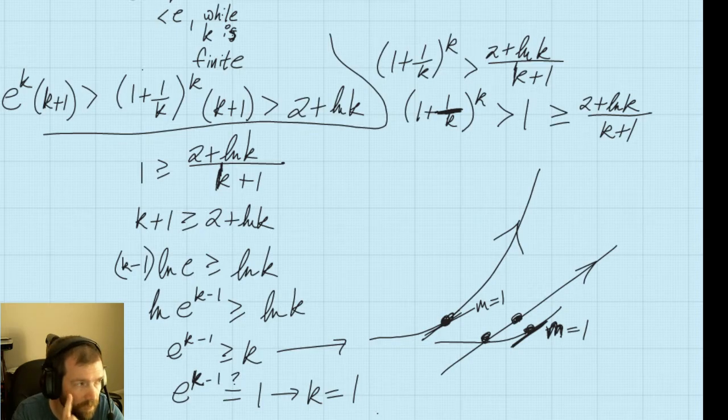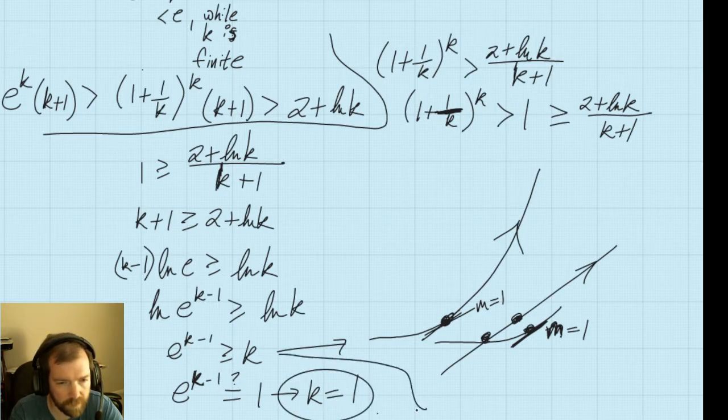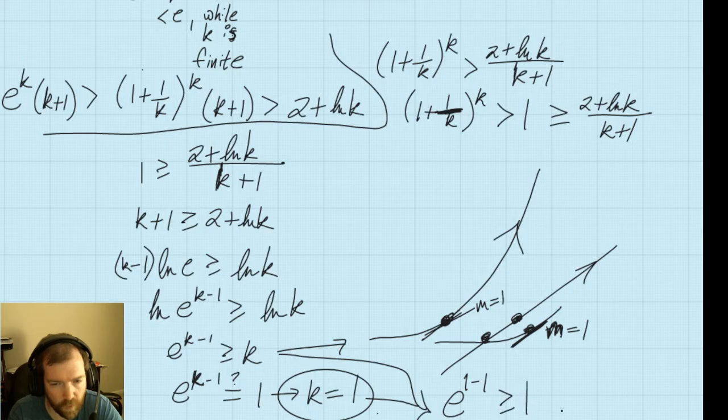Right, so they will be tangent only at that one point where the slope itself is going to be equal to the original function. Both are equal to 1. So this is e to the 1 minus 1, which is e to the 0, so this is 1.